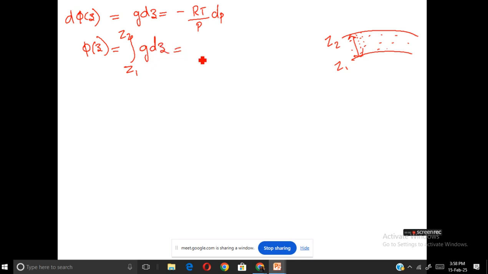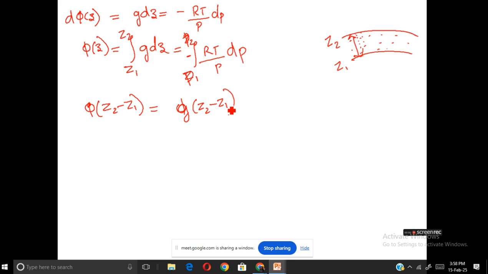The integral Z1 to Z2 g dz becomes minus integral p1 to p2 RT by p dp, or phi of Z2 minus Z1 is equal to g into Z2 minus Z1 is equal to minus integral p1 to p2 RT by p dp.